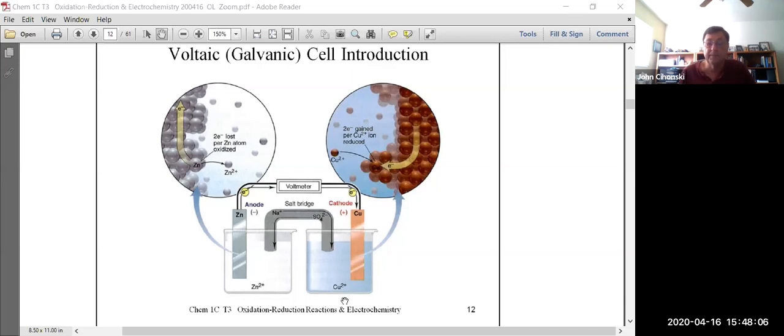All right, so now we're just going to go around the circuit here and talk about this. As we remove the copper, what do we have left? Well, the copper had to have an anion, correct? So it could be chloride, nitrate, any one of a number of non-reactive anions.